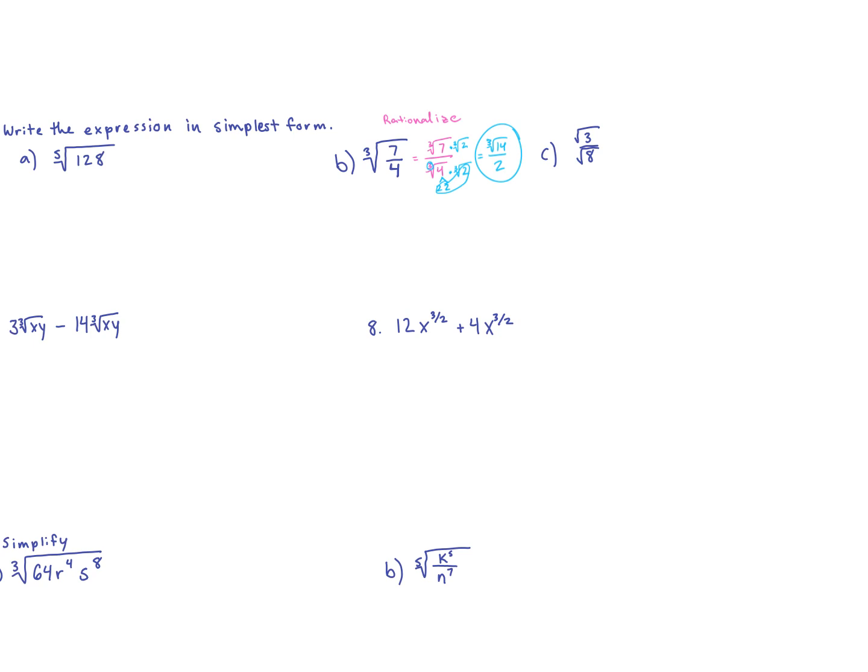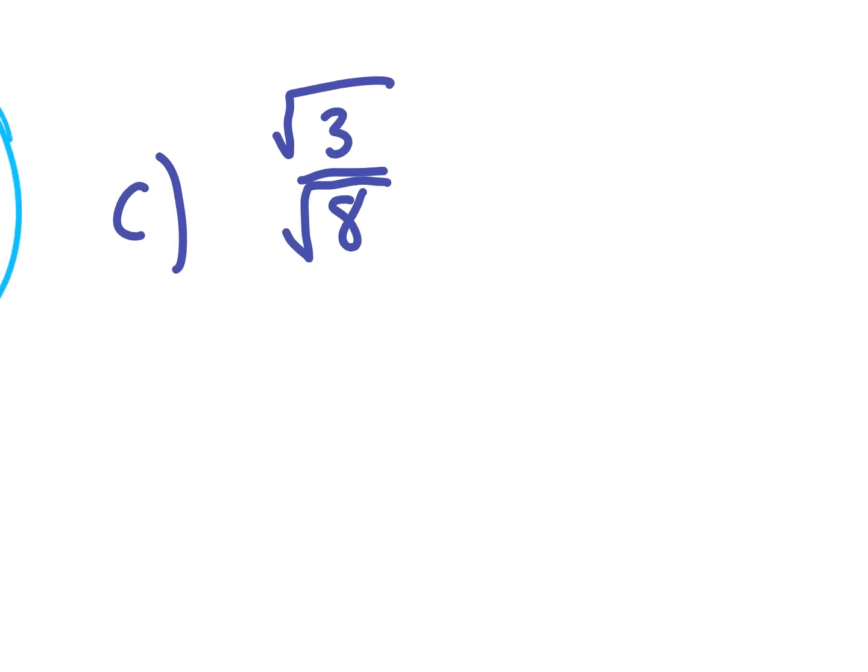Let's do C. So C, if we combine them together, we can't simplify 3 over 8. So let's break it down. What are 2 factors of 8? 4 and 2. And 2 factors of 4? 2 and 2. How many of a kind do I need to make a perfect whole number? 2. So I've got 2 of a kind, but then I have an odd 2 out. So how many 2's am I missing to make it a perfect whole number?